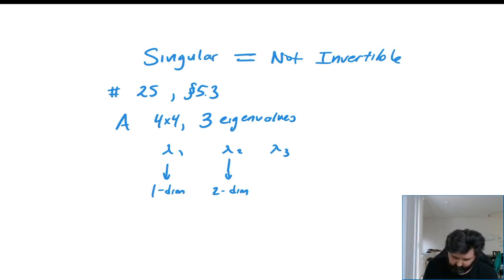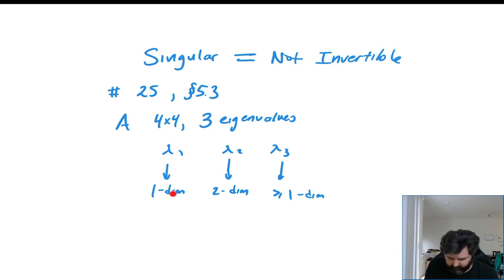So here's the thing. Lambda 3 has to have at least 1. If you have an eigenvalue, it has to have an eigenvector. The 0 vector by itself cannot be an eigenvector, right? So the eigenspaces always have to be at least one-dimensional. What that means is that the answer to this question is no, A has to be diagonalizable because, remember, we have that big, long theorem in section 5.3.